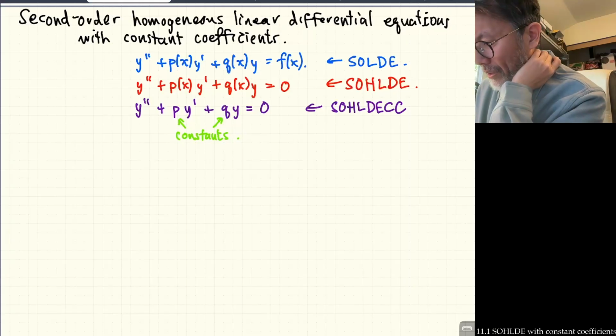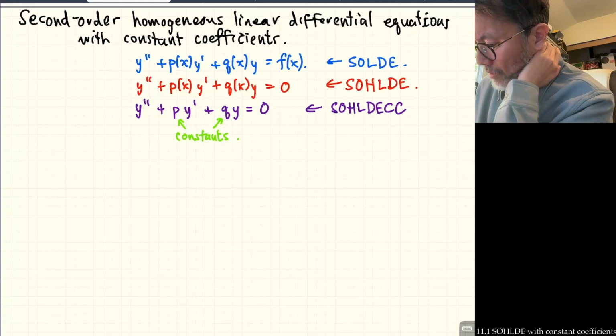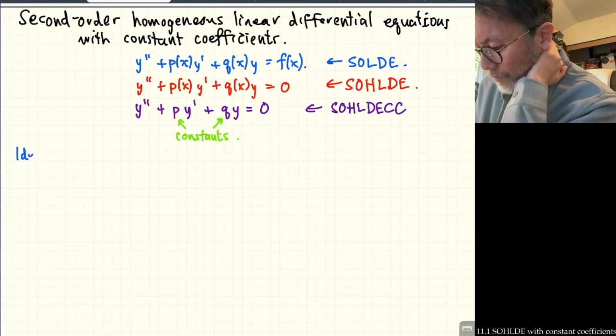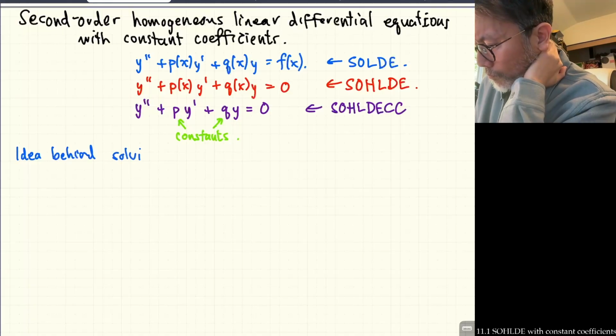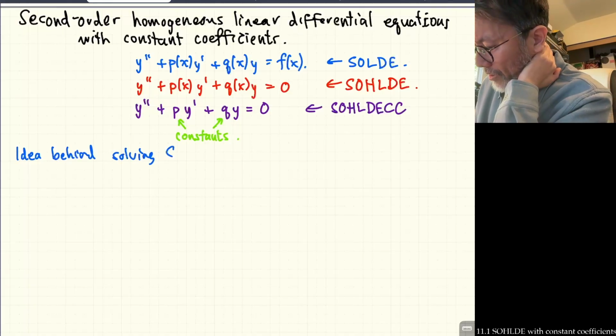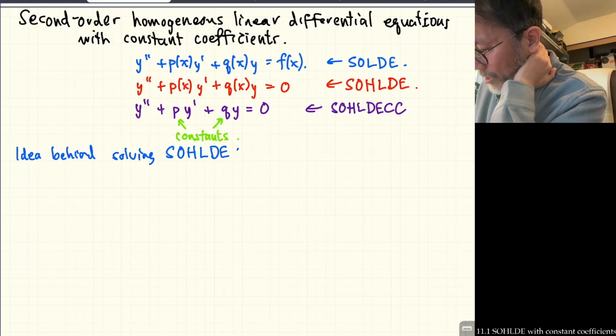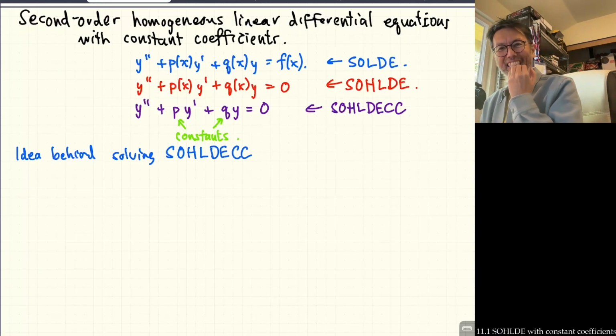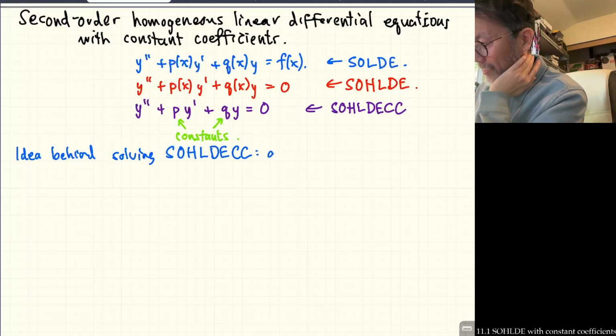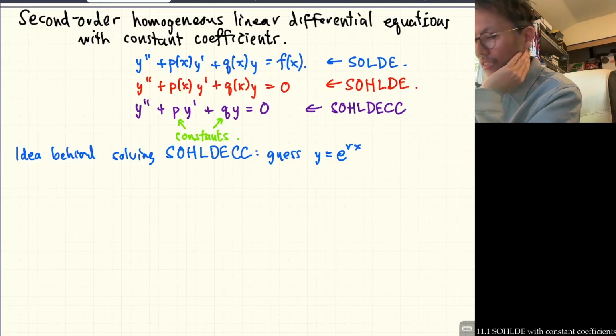So here's the idea behind solving second order homogeneous linear differential equations with constant coefficients. Guess that y equals e to the rx, exp of rx, is the solution.